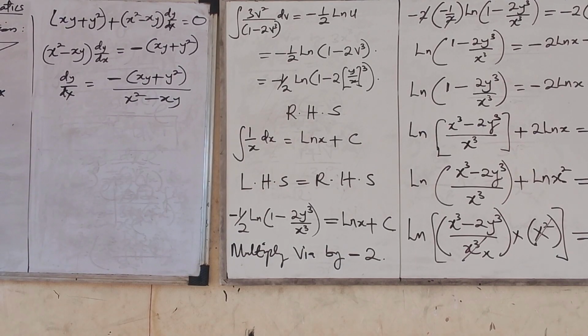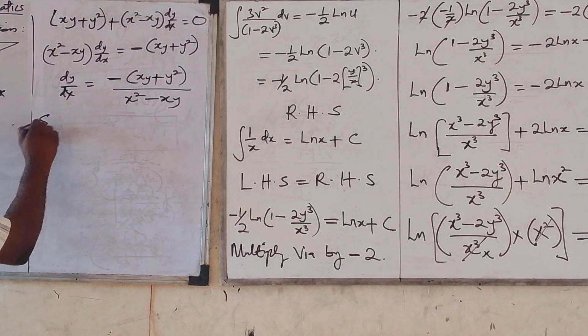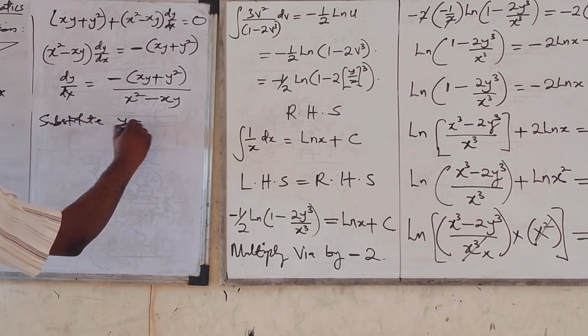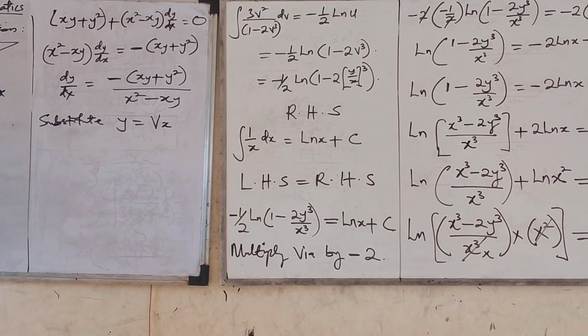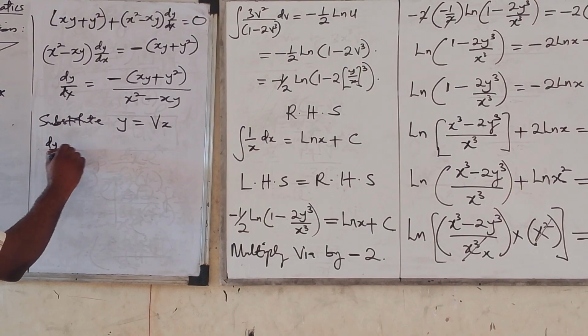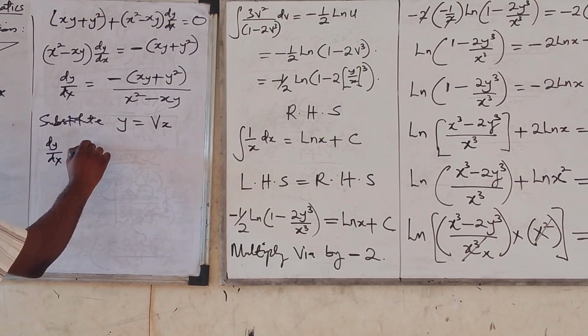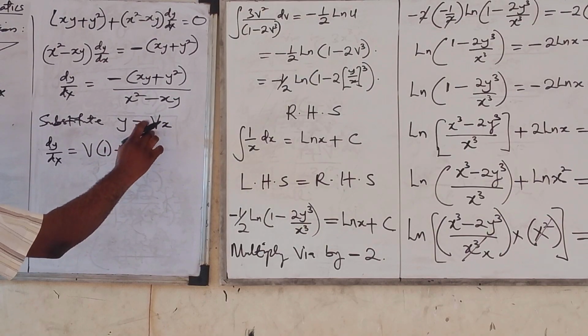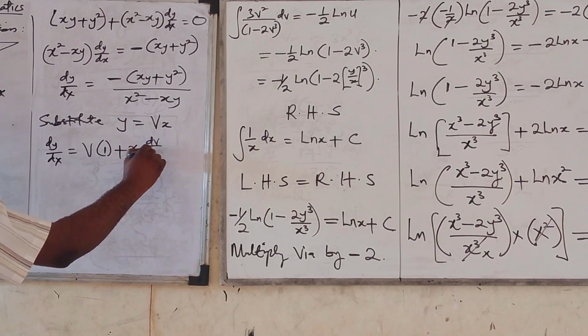So here, we substitute y is equal to vx. And remember, if y is equal to vx, it means dy/dx will be equal to v, you differentiate this, that's 1, plus x, you differentiate v now, that will be dv/dx.